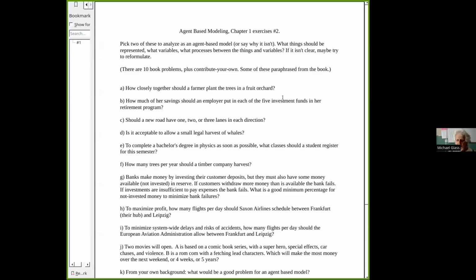Then you don't need any agent modeling because there's no process that's happening over time. So if you could specify with a certain close density of trees how much the trees affect each other and what their yield would be, then it's pretty simple. You don't need agent modeling.